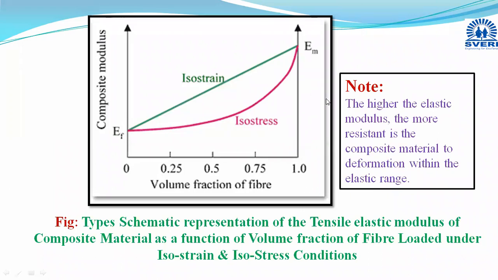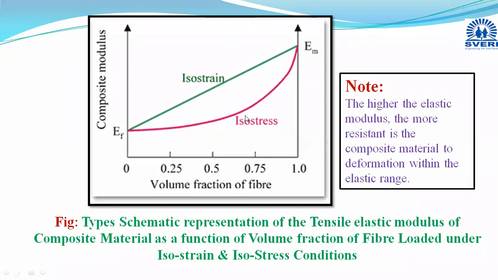As I have added in the note here, the higher the elastic modulus, the more resistance is provided by that composite material to deformation within the elastic range. In case of isostrain or longitudinal loading condition, the elastic modulus is high, so we can conclude that more resistance will be provided by that composite material.